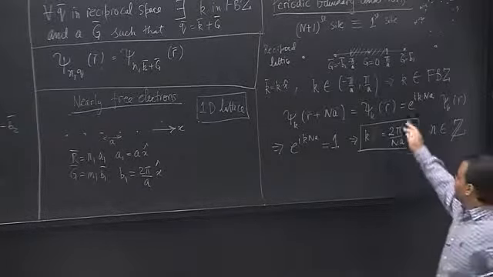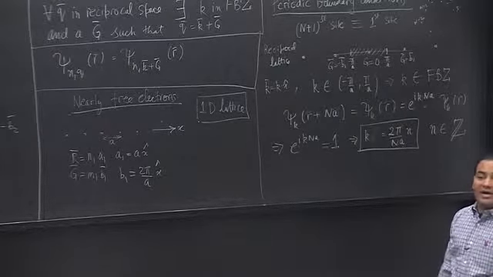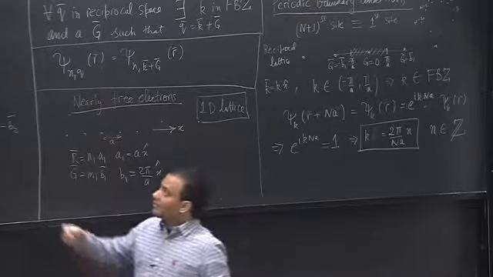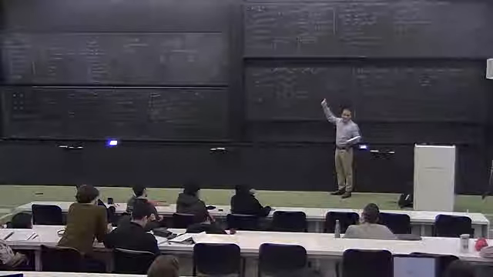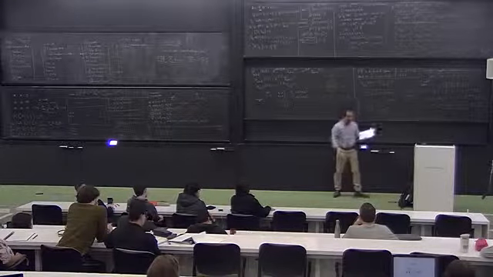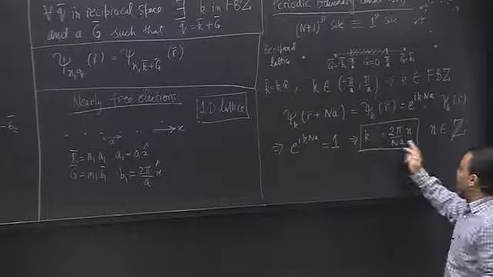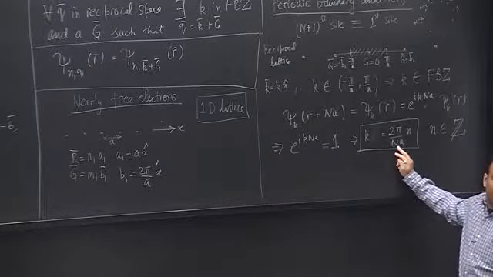So by imposing periodic boundary conditions, what have we achieved? The vector k is now quantized. Imposing periodic boundary conditions means that this Bloch vector k can now only take discrete values which depend on the total system size.